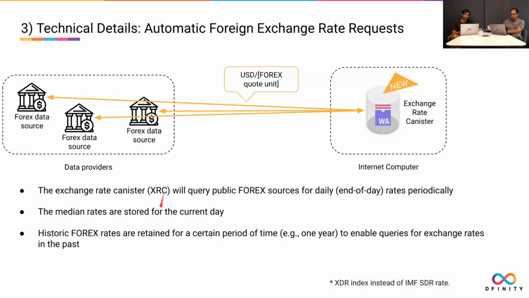And again, we'll probably use something like the median of the rates that we see to make sure we get rid of any potential outliers or simply wrong data in the canister. And we'll probably also keep the historic rates that we collected for some time, maybe a year, to make it possible to also query for exchange rates in the past, not just for today's rate.